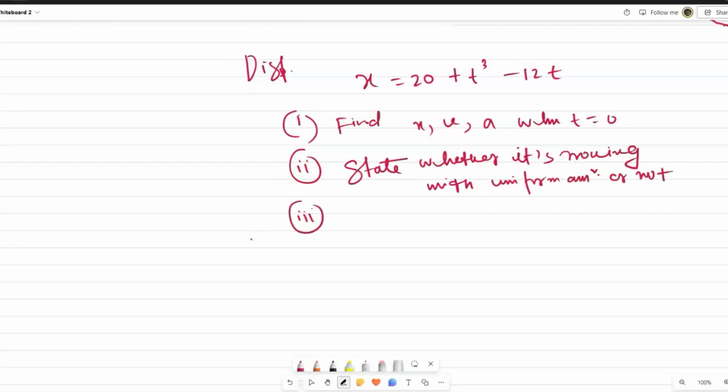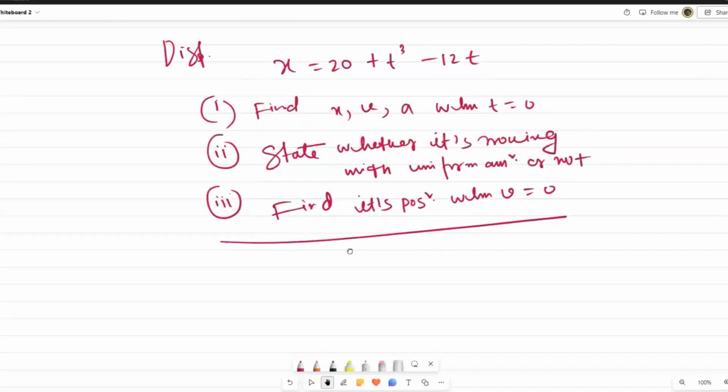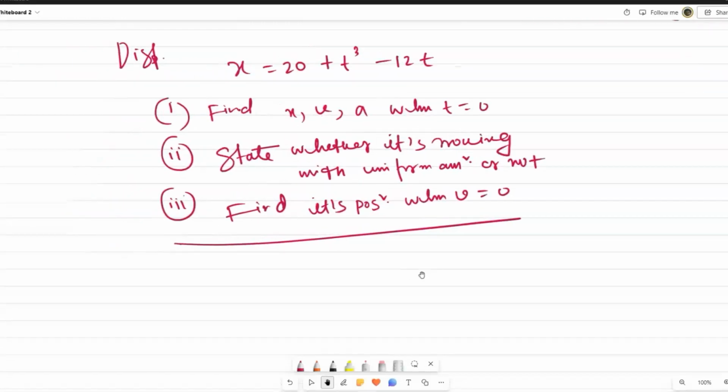And the third question, find its position when v equal to 0. You have to find the position when v is equal to 0. This is a physics problem. You can get this kind of problem. How to answer? Find x, v, and a when t equal to 0.